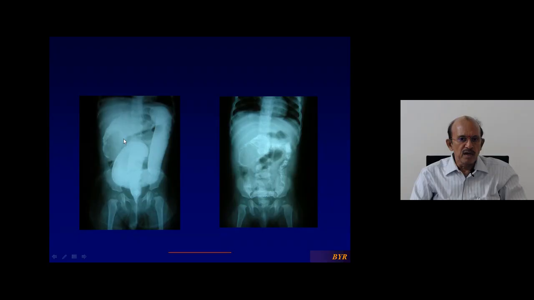So the barium is filling outside the inner tube, that is, the space between the inner tube and outer tube. That gives the appearance of the claws. It is not that the barium goes into the inner tube. The inner tube can't be filled. I hope it is clear.